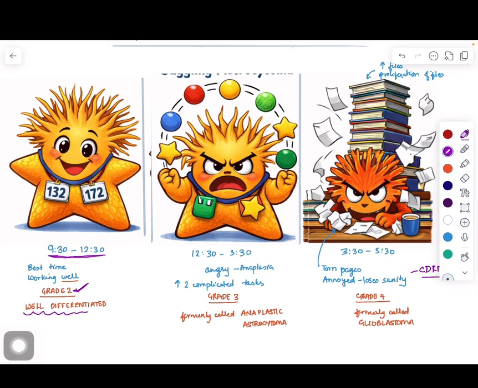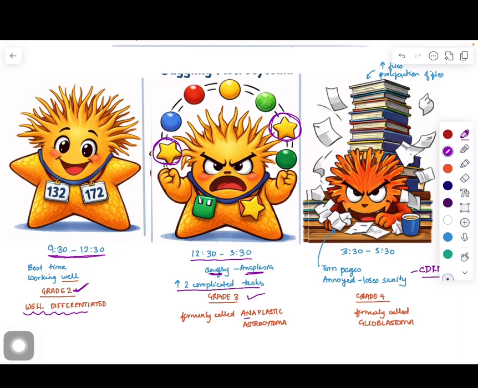Now what happens as time passes, from 12:30 to 3:30, is that the amount of work increases, and there are two complicated tasks given to it. So the astrocytoma becomes a bit angry. This is grade 3, and from angry we are going to remember anaplasia.